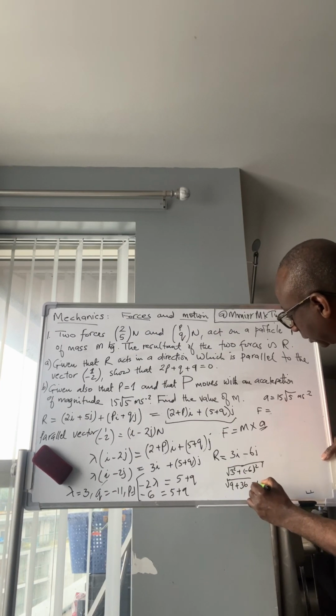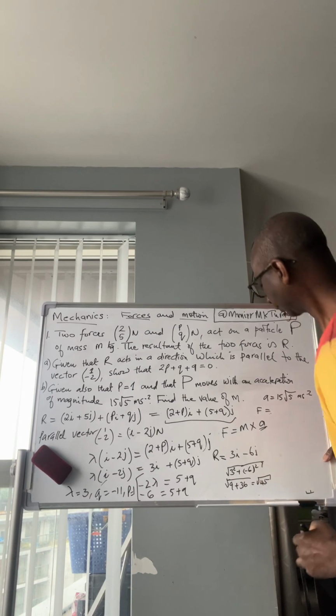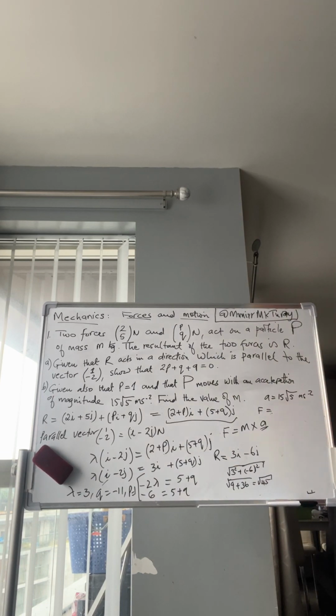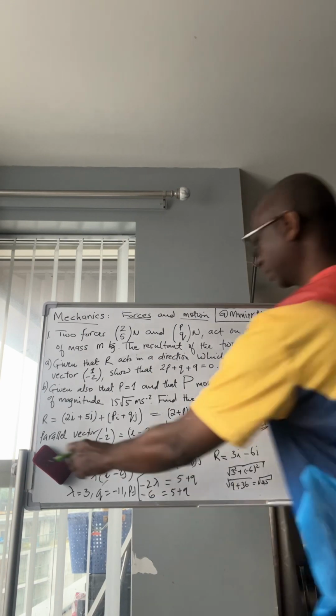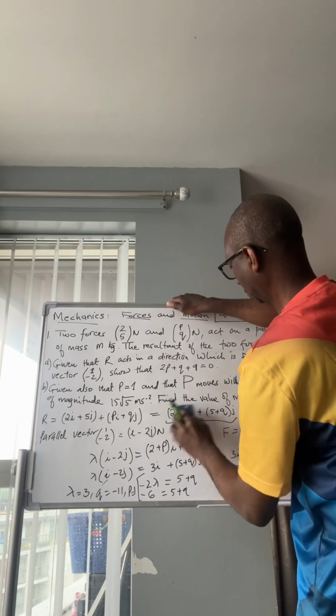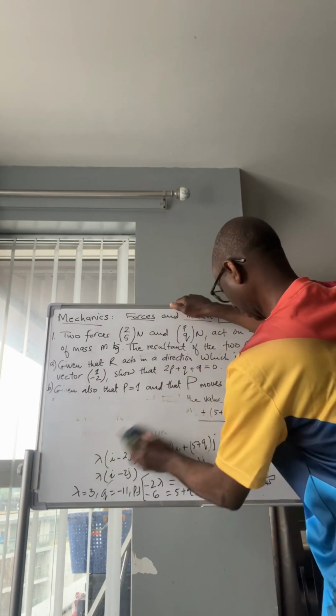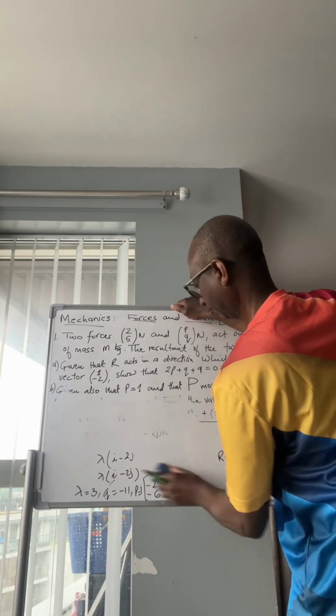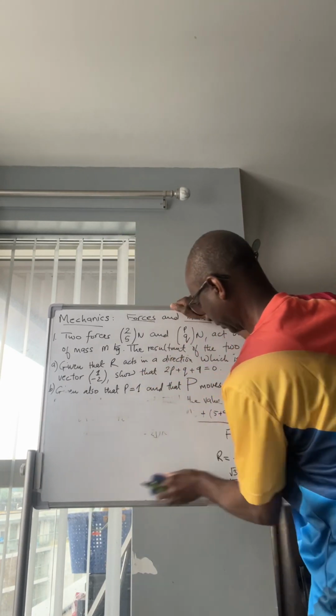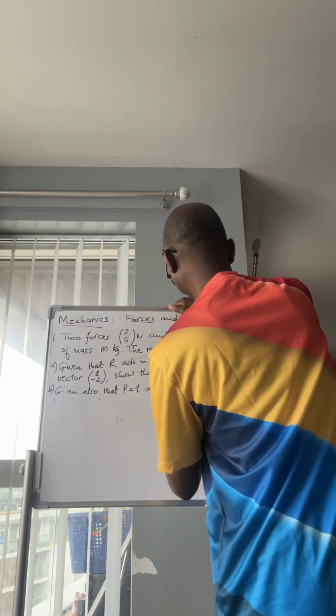So this is the square root of 9 plus 36, which is the square root of 45. That's the magnitude of the resultant force, right? I can now erase this part here. We don't need it. Let me get rid of it so that we can have more space for our calculation. It's an interesting problem.